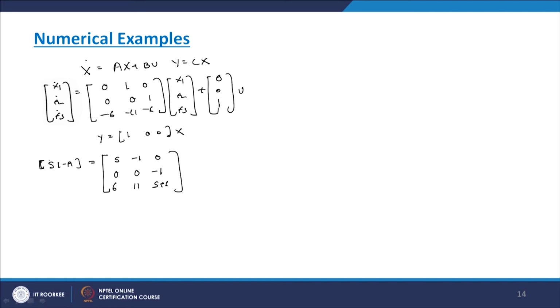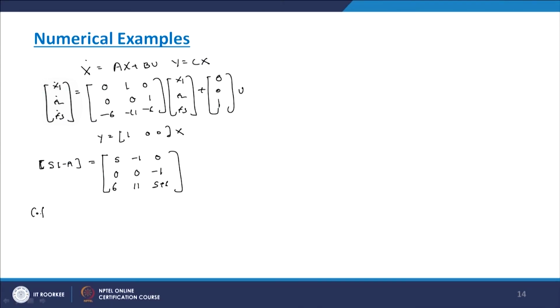Now, next step, what do we want? We want the cofactor of this sI minus A. So, how do you write the cofactor? Cofactor of sI minus A. S minus 1 0 0 s minus 1 6 11 s plus 6.